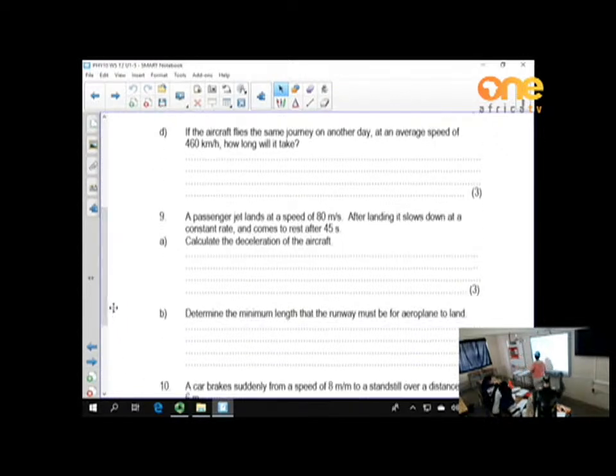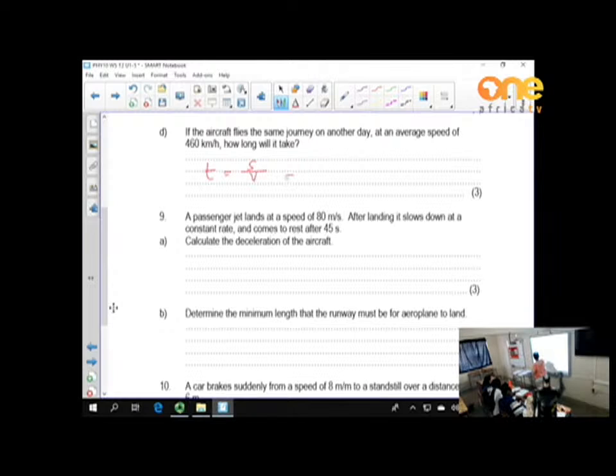Okay, if the aircraft flies the same journey on another day at an average speed of 460 kilometers, how long will it take? Now, time is going to be, what's the formula? Is it distance divided by speed? Distance divided by speed.